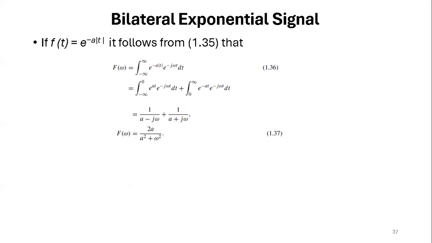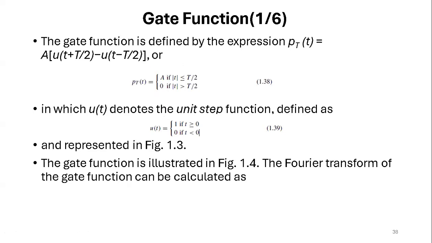Now, we have to take both the integrals, which is equal to 1 by a minus j omega plus 1 by a plus j omega. f omega is 2a over a squared plus omega squared. Now, one of two will later multiply by a minus j omega by 1 and a plus j omega. Now I will tell you in the next video.